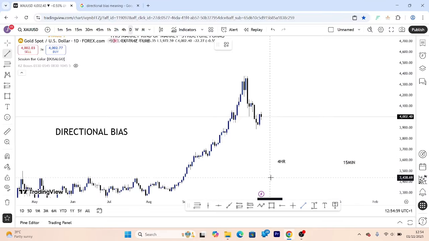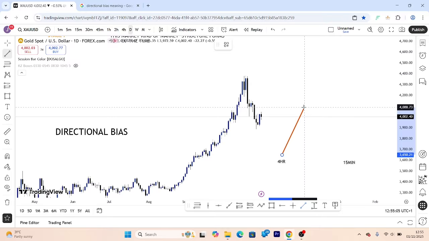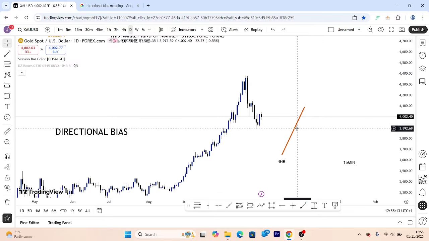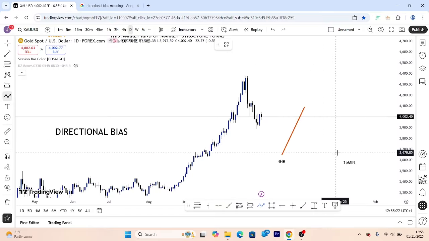So for instance, if you see market moving in an uptrend direction this way, right? This is 4 hours. Now you're just seeing one long candlestick, but when you go down to the 15 minutes time frame, this is what you're actually going to see. You're going to see something like this.